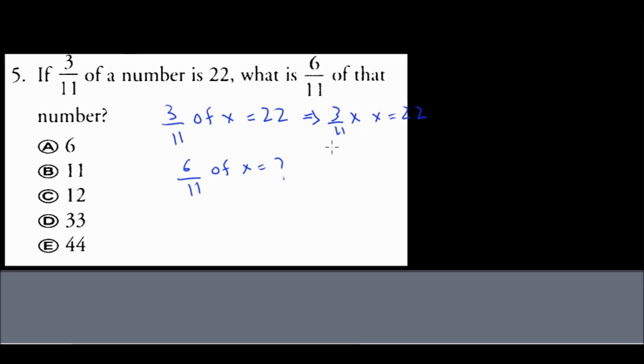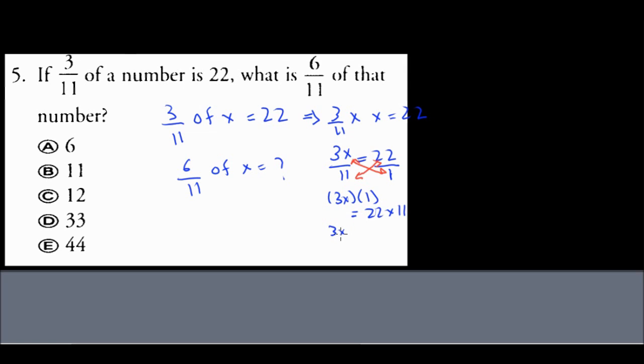Okay. So if I do the multiplication here, I get 3x over 11 equals 22. Right? Now to solve questions like these, what you can do is you can cross multiply like this. So the numerator on the left side with the denominator on the right side, numerator on the right side with the denominator on the left side. So you'll have 3x times 1 equals 22 times 11.